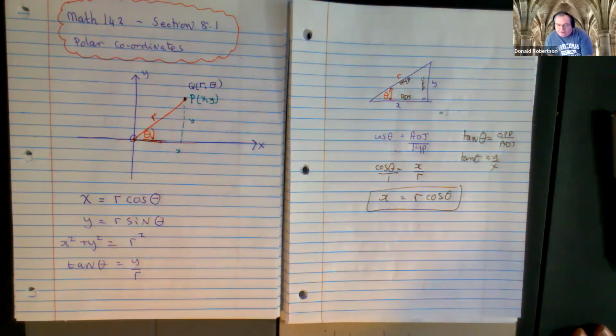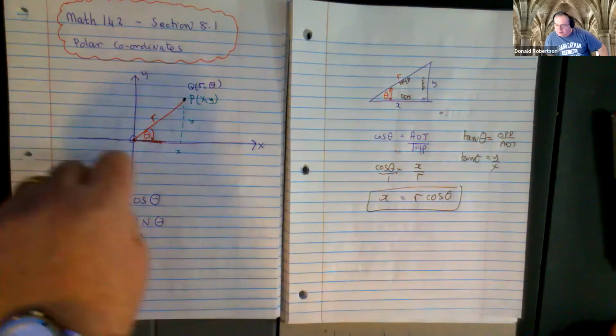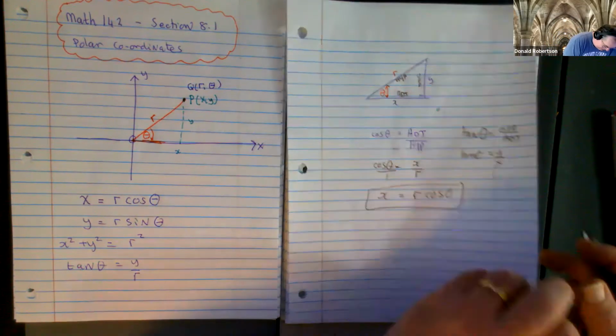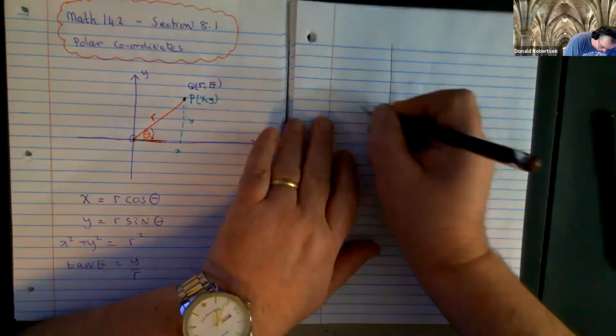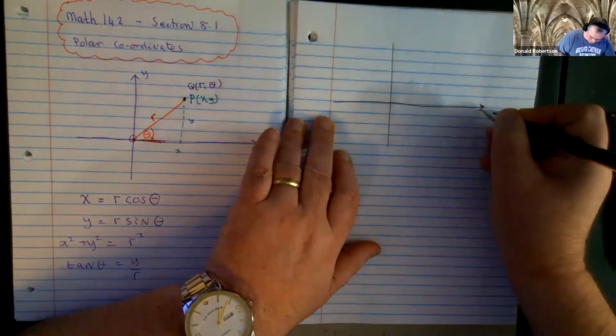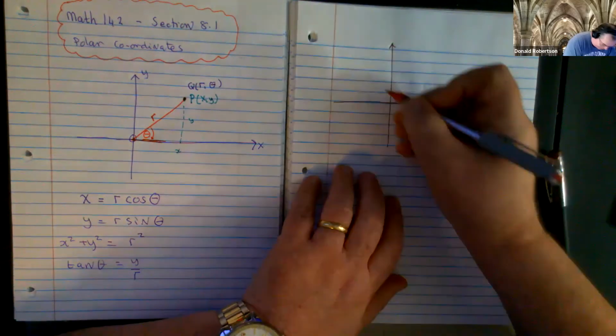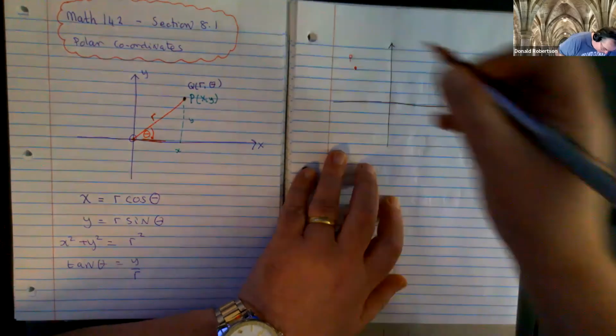So are you convinced that this new coordinate system called polar coordinates can be used to tell you the location of any point in 2D space? I could tell you this one, this one, this one, right? For example, not particularly accurately, but if I draw the x and y axes in as a frame of reference, this point over here, let's say this is my new point.